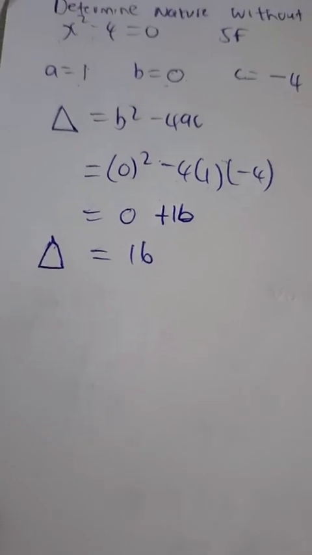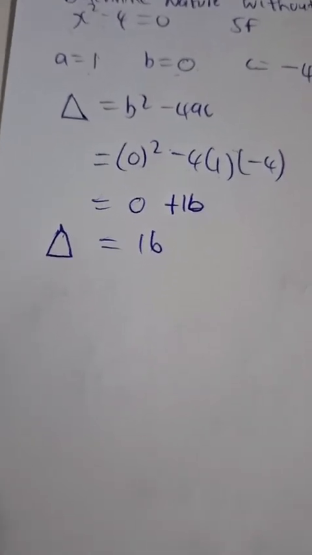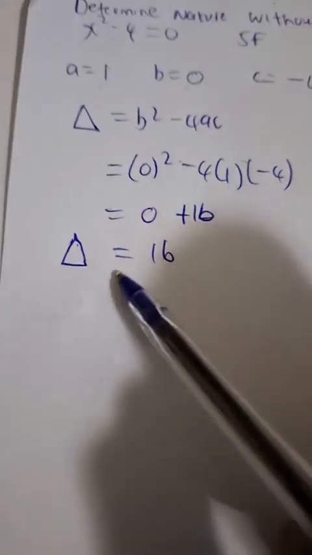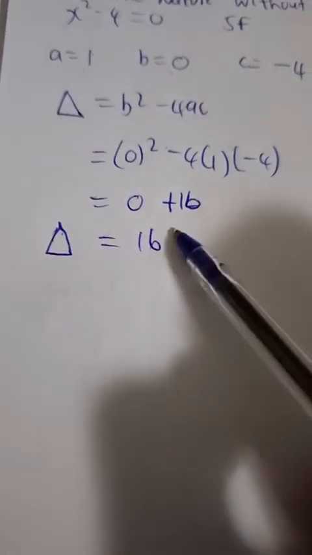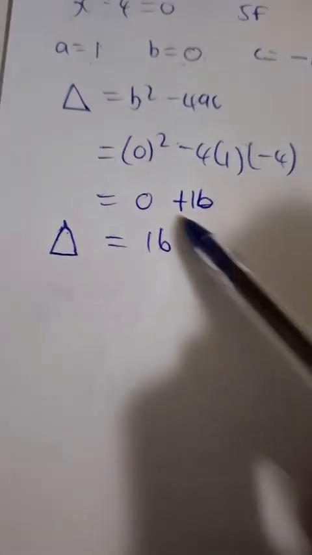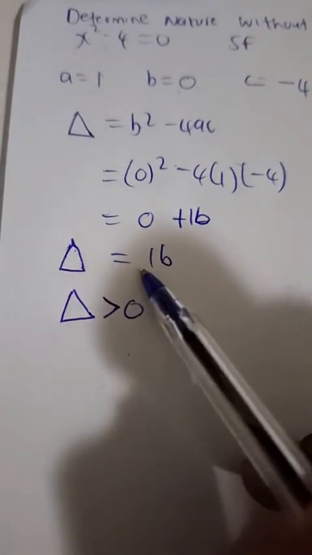Now, before we comment on the roots, we need to make certain conclusions about delta. Delta is equal to 16. So that means what? It means delta is greater than 0. Guys, this is such a big thing to state shortly after you have found the value of delta.